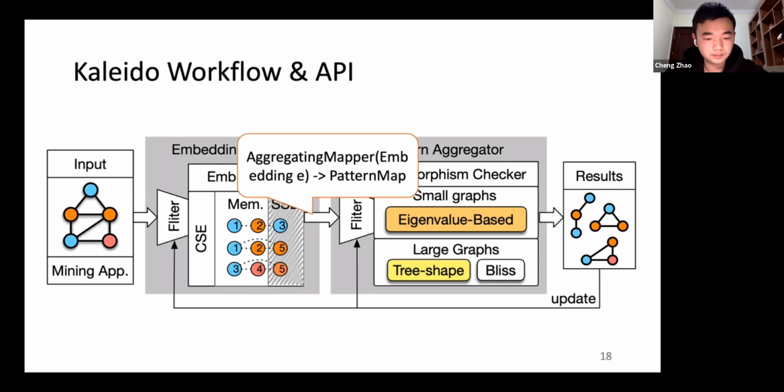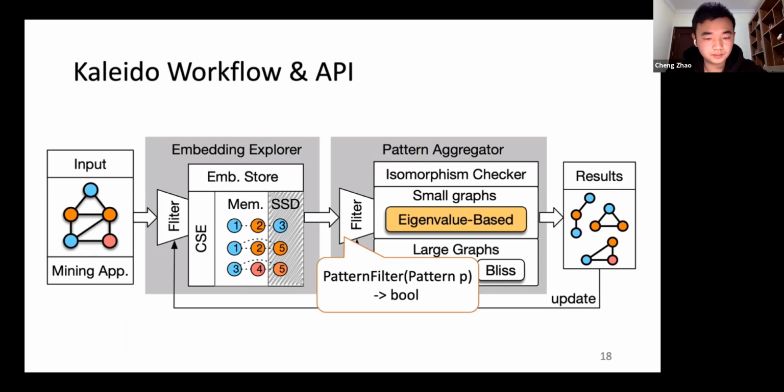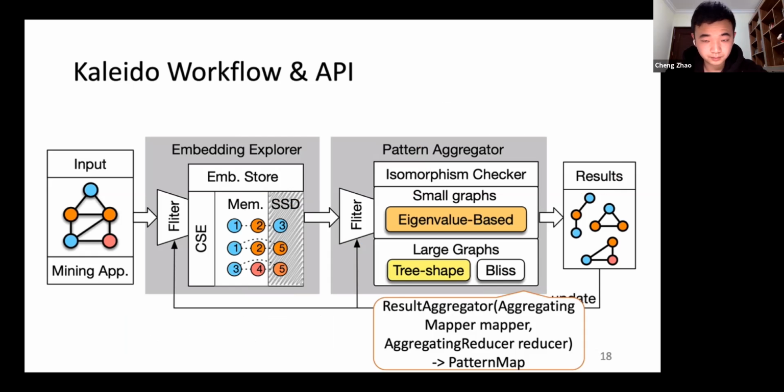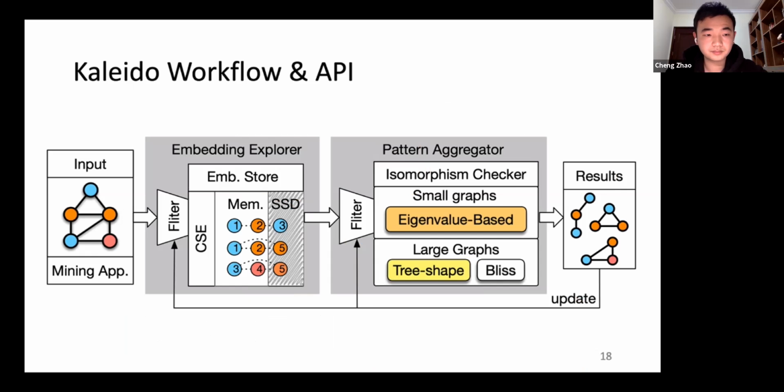Then the mapper transfers each embedding to a pattern. The pattern filter prunes illegal patterns and corresponding embeddings. The reducer computes statistics on patterns. Repeat this procedure until the application depth is reached.